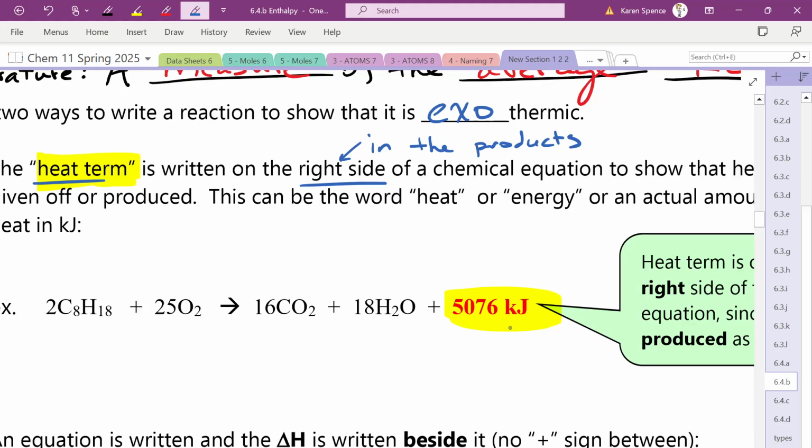You can have a value, or it might just say heat, or it might say energy. It is being produced by the reaction.